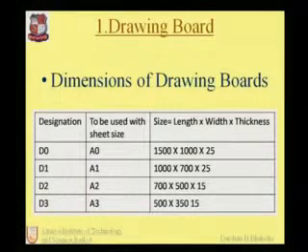D0 consists of the size 1500 by 1000 by 25, it is in mm. D1 consists of 1000 by 700 by 25. D2 consists of 700 by 500 by 15, and the last one, D3, consists of 500 by 350 by 15. All the dimensions of the drawing board are always in mm.